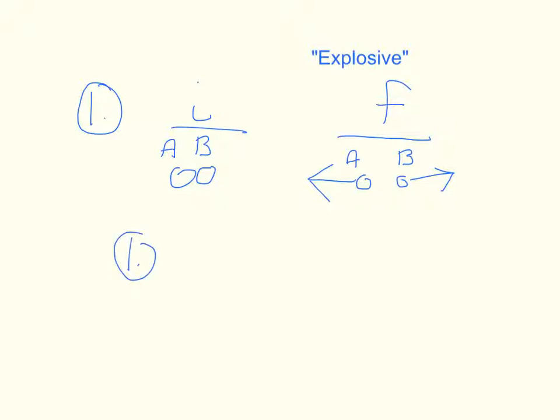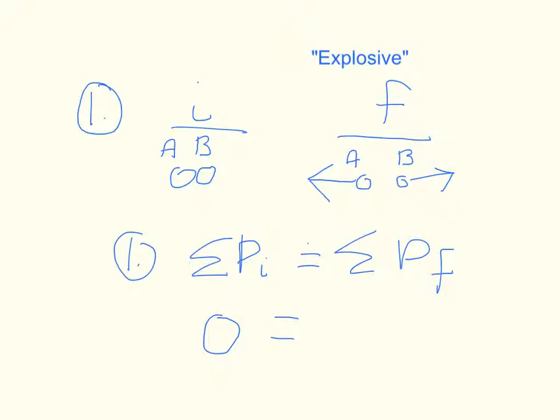So the conservation of momentum for an explosive interaction, specifically for the case I've illustrated above, would look like this, where initially our big super object is at rest, so there is no momentum before, and then once it splits apart, the final momentum would be the negative momentum of object A, since it's traveling to the left after the interaction, plus the positive momentum of object B, since it's moving to the right.